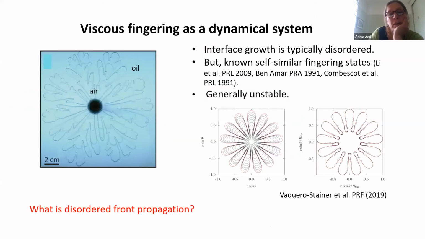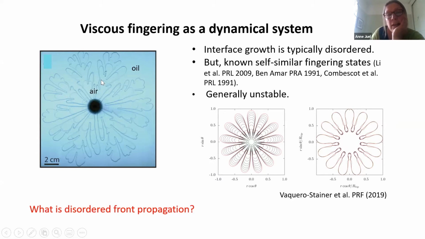And really, if you think of viscous fingering in a channel like that, well, okay, the interface growth is typically disordered, but actually there are known self-similar fingering states, and they would look a bit like those in these images. So these were obtained in a situation where these self-similar fingers are stabilized, but in the system I've just shown you, the classical Hele-Shaw cell, they are generally unstable.